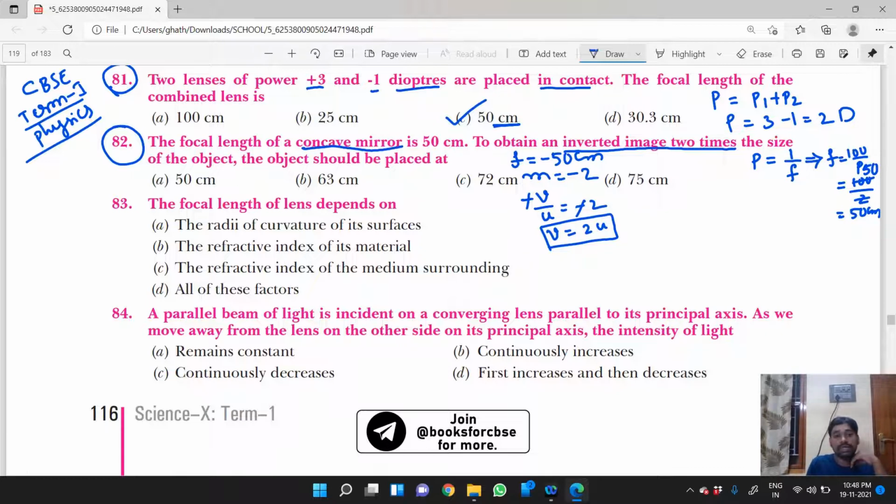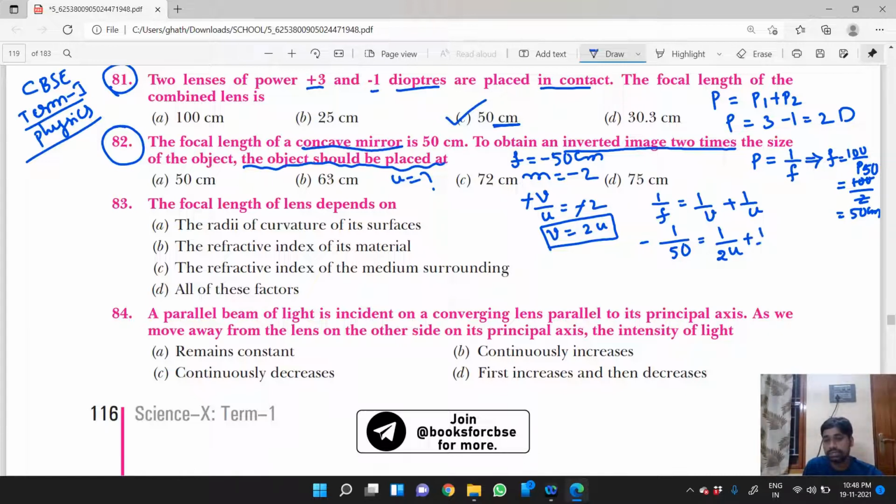Where should the object be placed? We have to calculate u. Then write the mirror formula: 1 by f is equal to 1 by v plus 1 by u. Here f is given as minus 50, so 1 by minus 50 is equal to 1 by v, which is 2u, plus 1 by u, since the object distance is unknown.